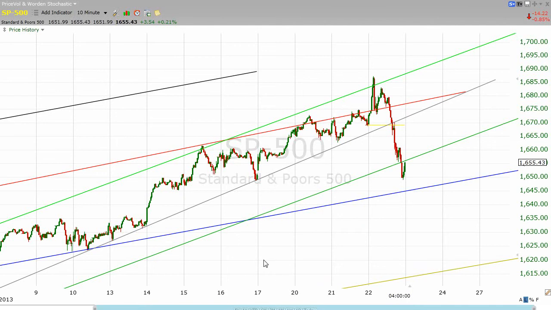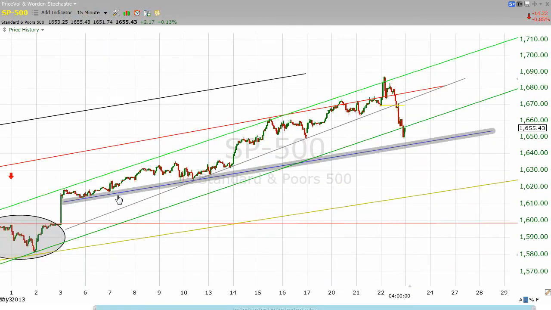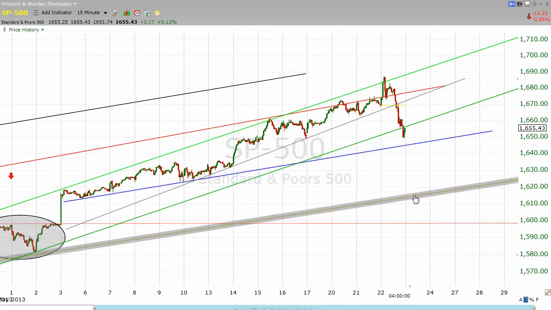Now, if that doesn't happen, then we have a blue support line that's drawn over this series of bottoms that took place in early May. If that gives way, then the next thing that could catch us would be down in the mid 16 teens, or depending upon how long that move might take, it could be the 1620s.